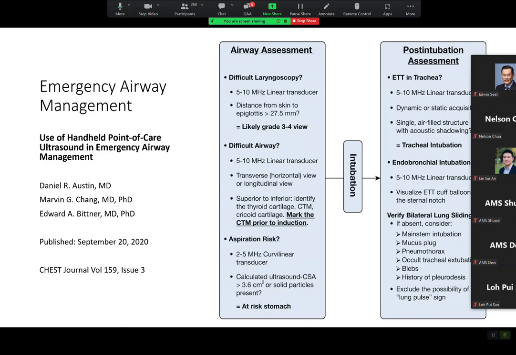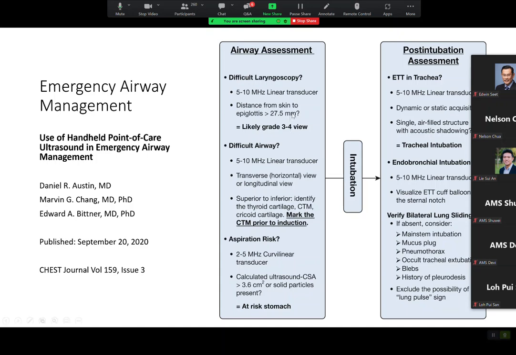Okay, so this is probably a publication from Emergency Medicine, but they have some recommendations as to how you might be able to incorporate POCUS into your airway assessment.